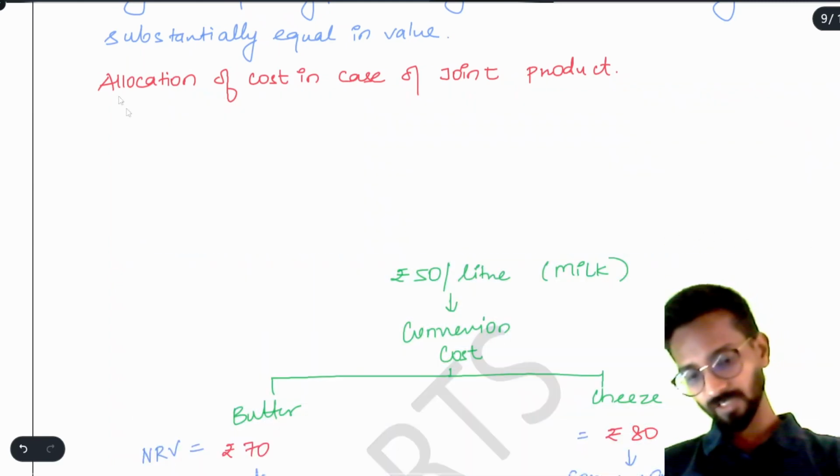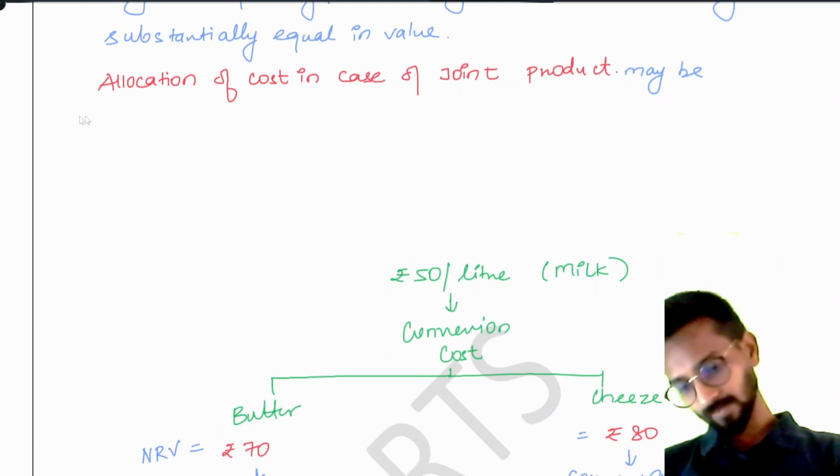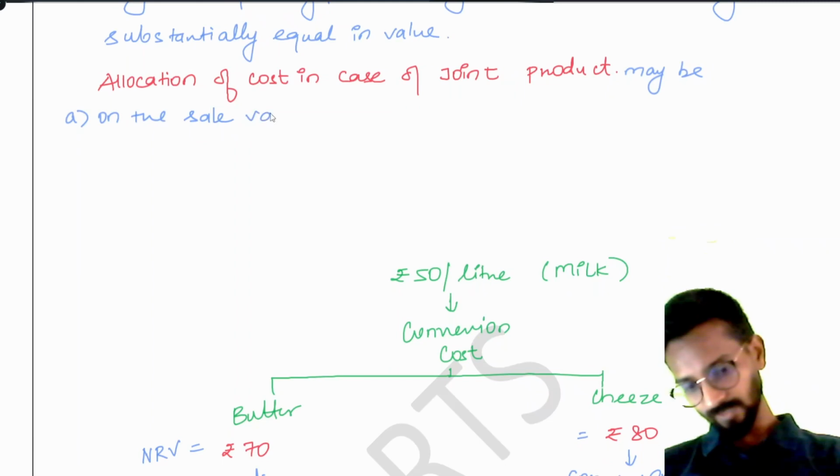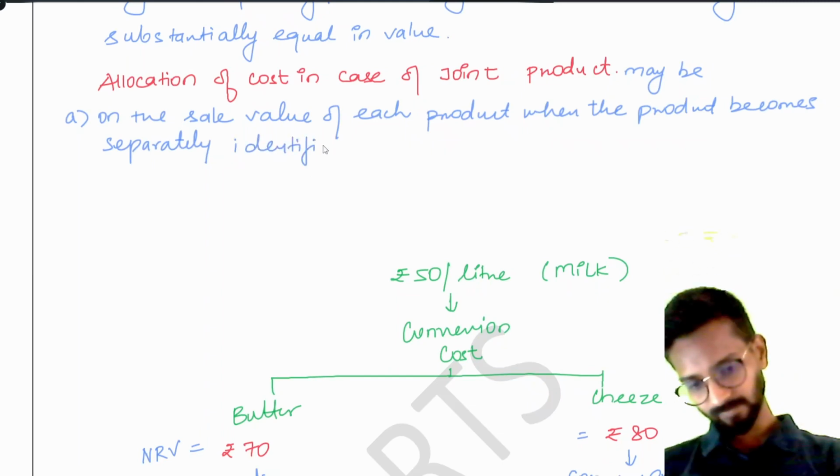So I can say that allocation of cost in case of joint product can be on the basis of, first, the sale value of each product when the product becomes separately identifiable.